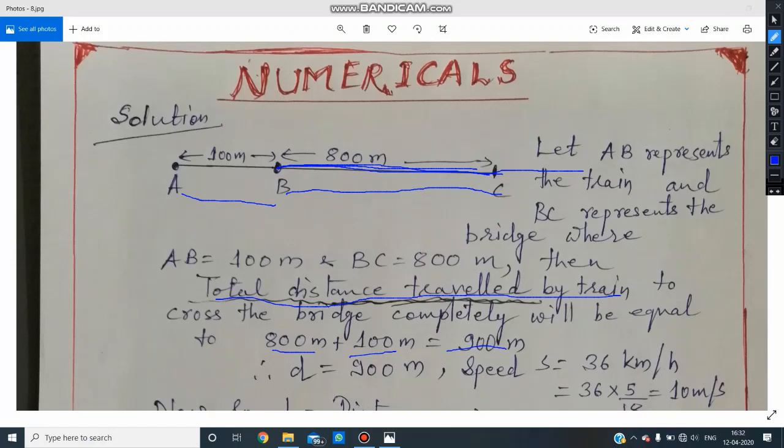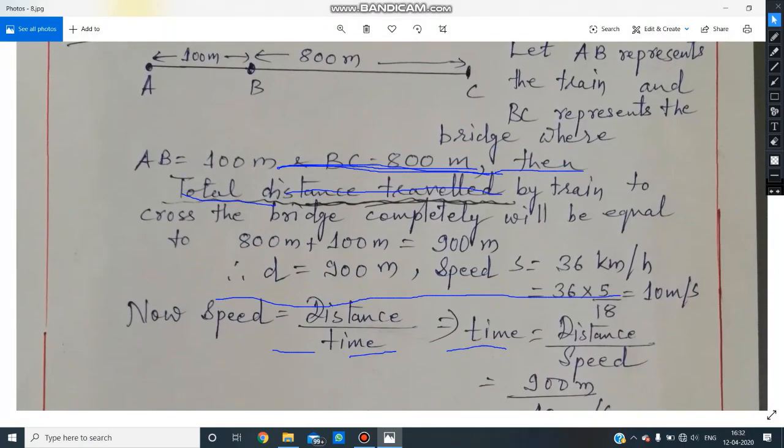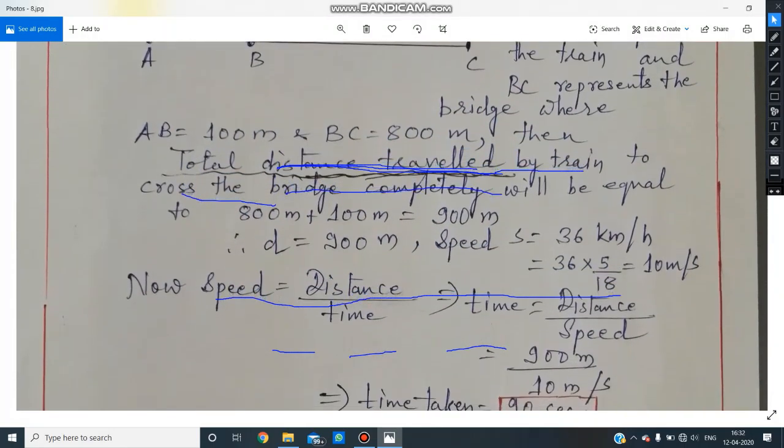Now in the question, you have to recall that the speed of the train was also mentioned, which was equal to 36 kilometer per hour, and we would prefer to convert this kilometer per hour value into meter per second for the uniformity of the units.